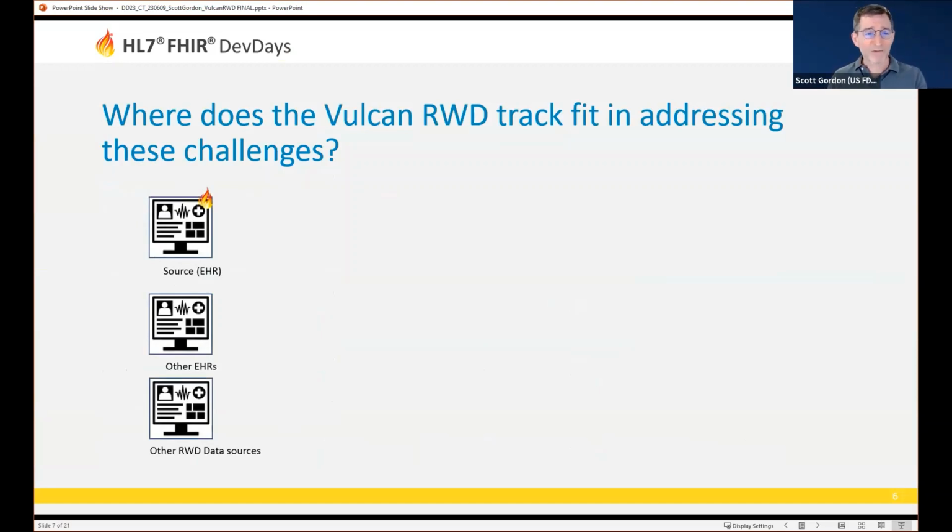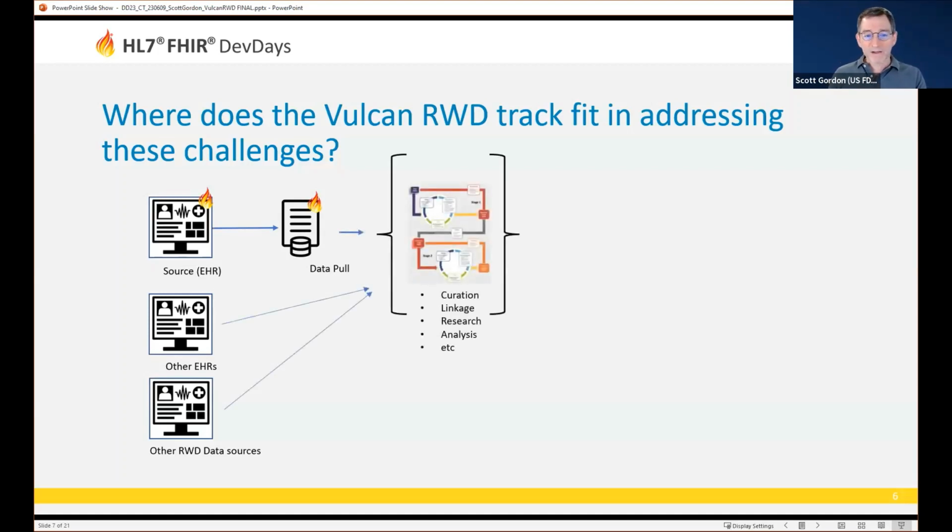So, a very simplistic view of a pathway of real-world data based research. You have various sources here on the left: EHRs and maybe other real-world data sources, claims, registries, things like that. Here's an example of just a single data pull from a single EHR.